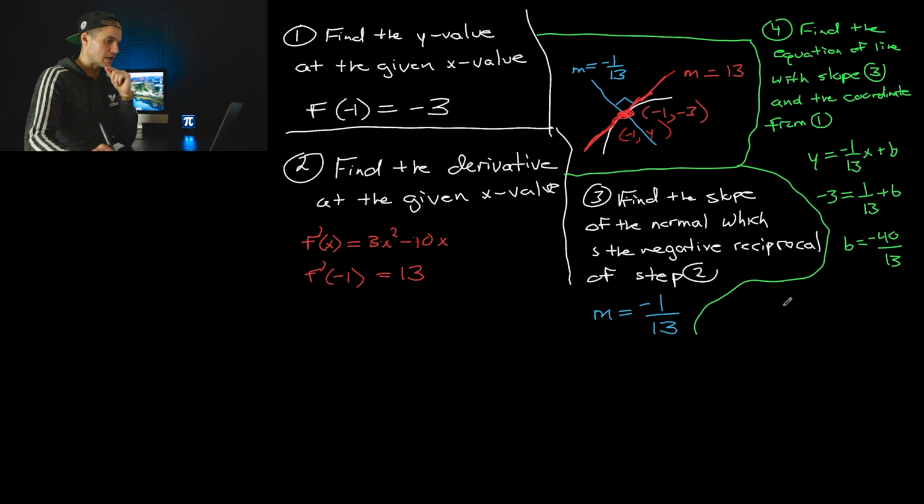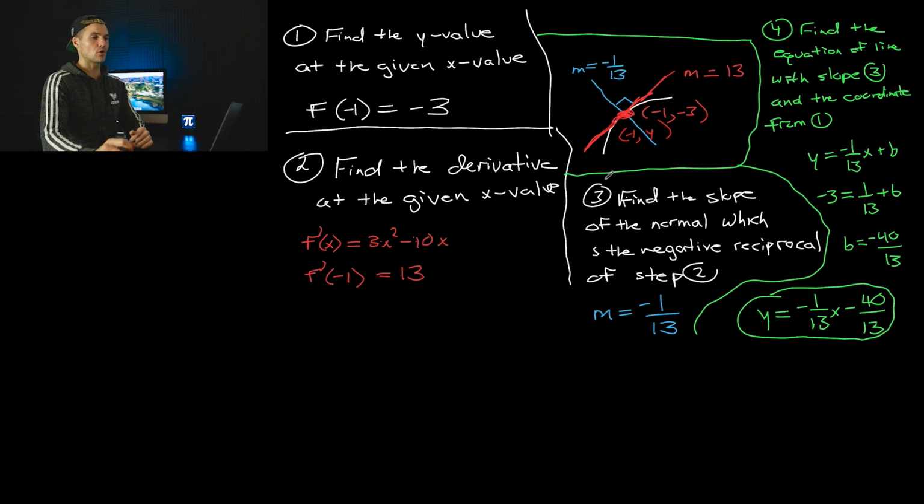So the final equation would be y equals negative 1 over 13x minus 40 over 13. And that would be the equation of the normal of that cubic function that I gave at the beginning. All right, so that would be the 4 steps right here, and I also did a corresponding example alongside of it. And that's a wrap for the video.